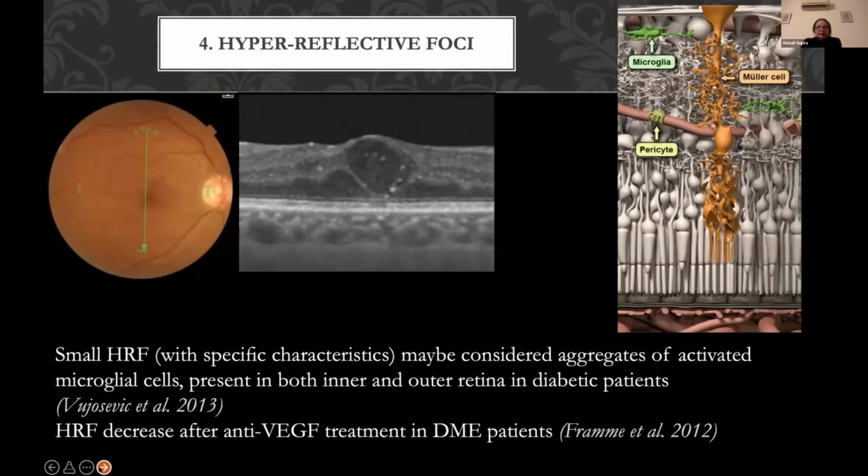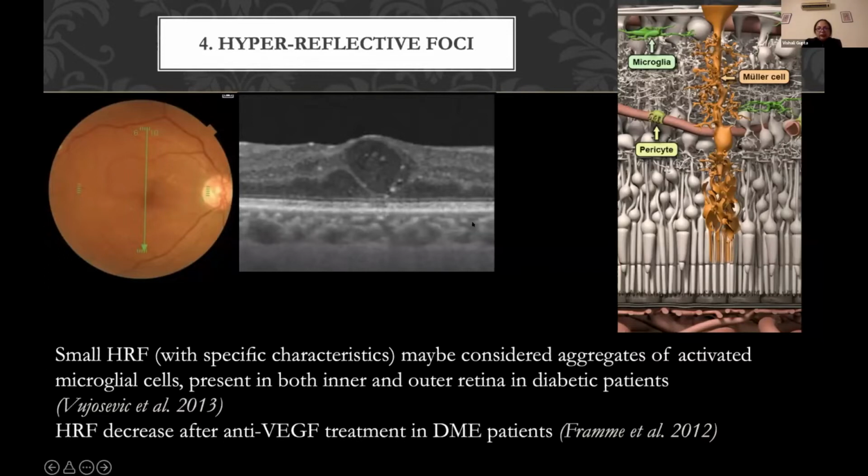The fourth one, which is very popular, is hyperreflective dots. These are hyperreflective dots which have very specific characteristics, and they are believed to be aggregates of activated microglial cells.